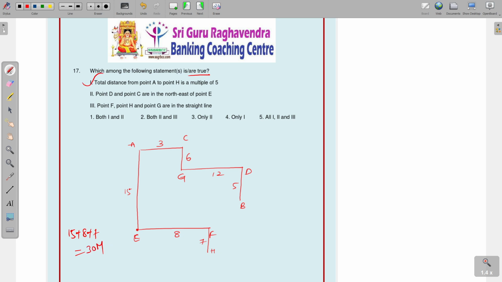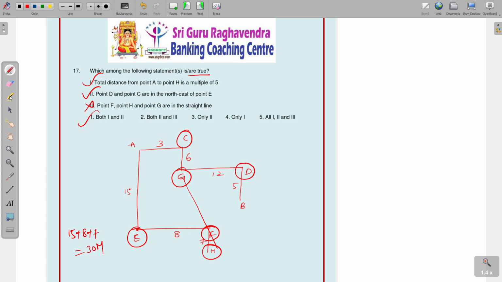Next, points D and C are northeast of point E. So C here and D here, both are obviously in the northeast. And next, F, H and G are in a straight line. So F here, H here and G here, but all are not in a straight line. Only 1 and 2 are correct.